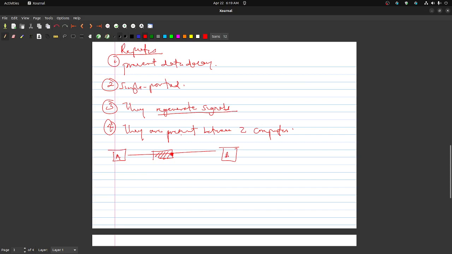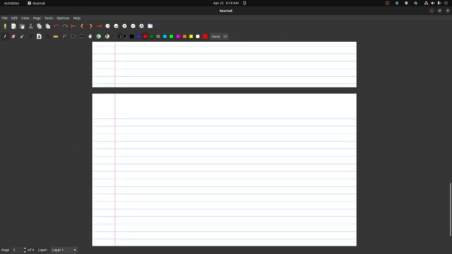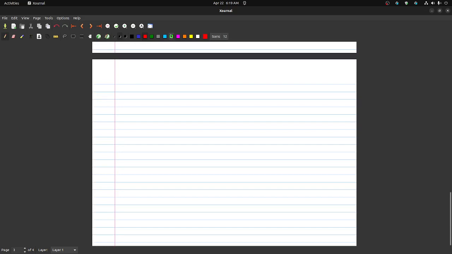So let's talk about the next network device that you need to know about, which is the hub. To start with, hubs are multi-ported.